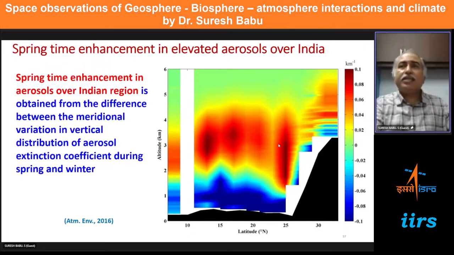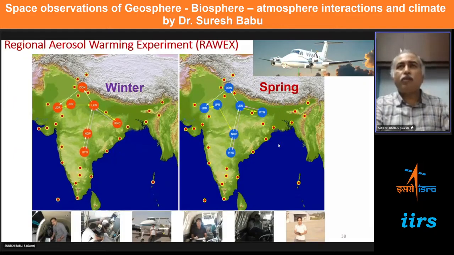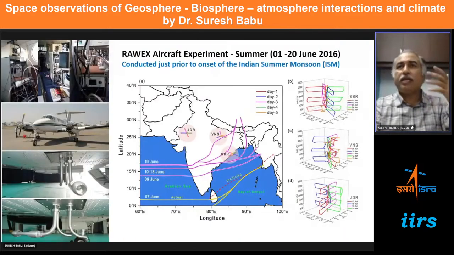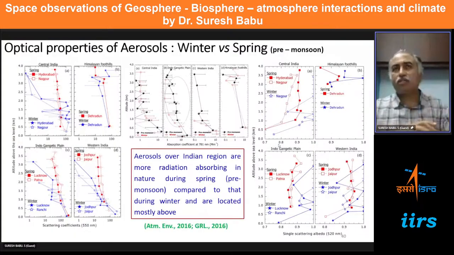To examine that, ISRO formulated a program called the Regional Aerosol Warming Experiment. We made aircraft observations through this layer of aerosols to understand whether the aerosols are scattering or absorbing. We found that the aerosols over the Indian region which are lifted to higher altitude are quite absorbing in nature. This phenomenon occurs during the pre-monsoon time.